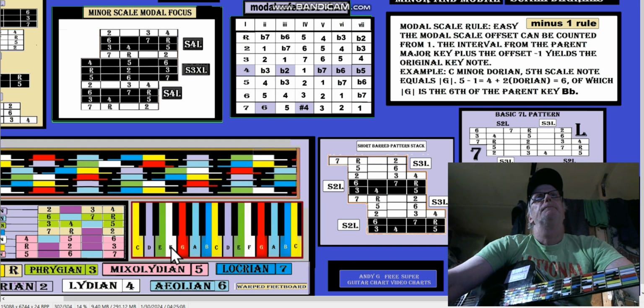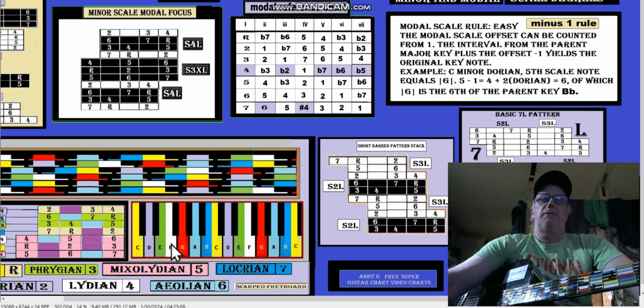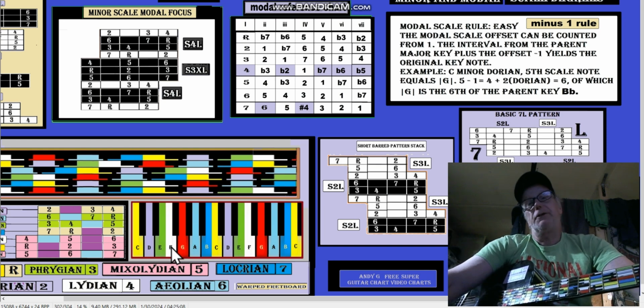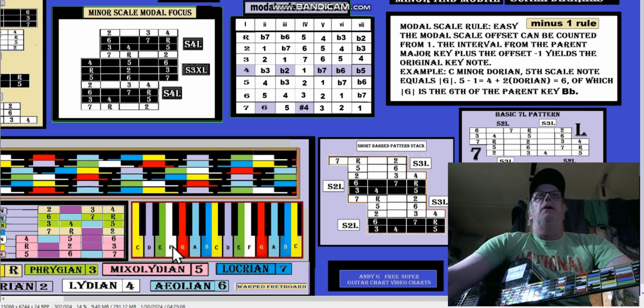We're not going to hit the leading tone to that F because that's not in the key of B flat. So that makes it the 4th of B flat. When we want to play that F Lydian scale, it's not a minor scale. It's a modal scale. It's a major scale. We want to give the F the number 1.